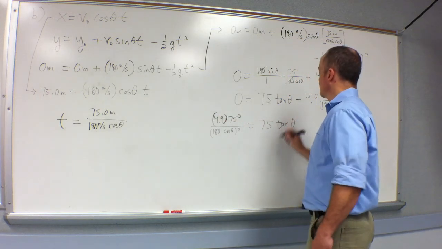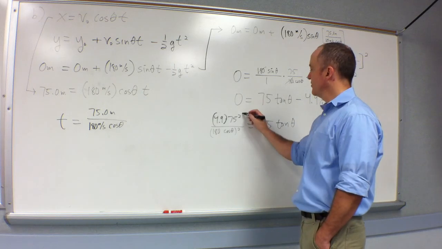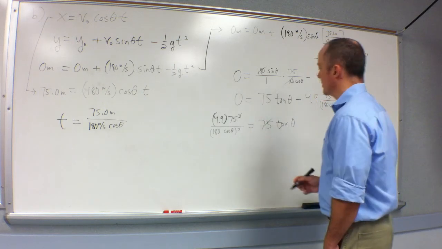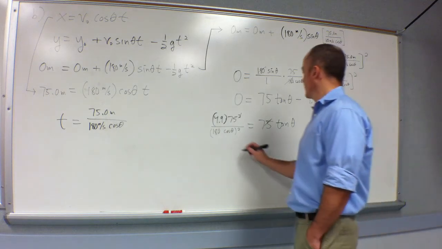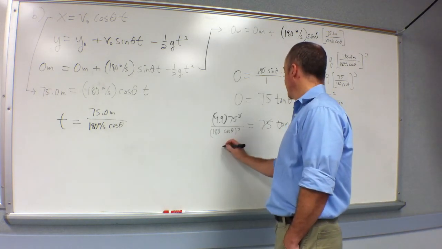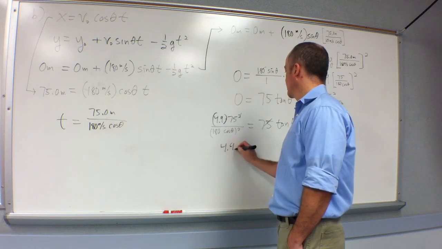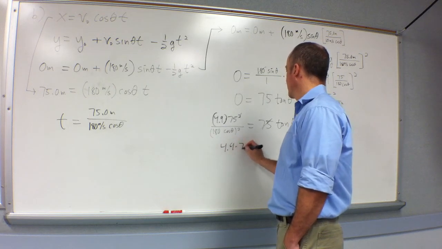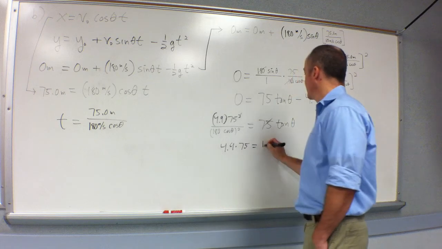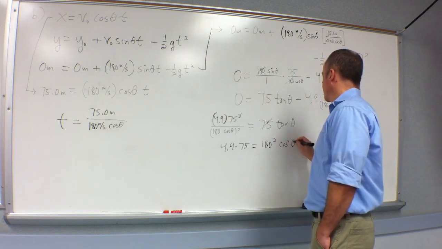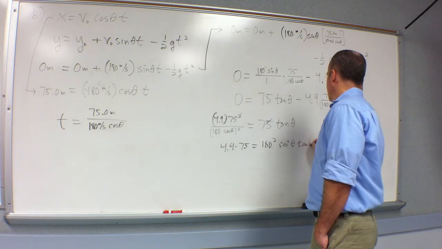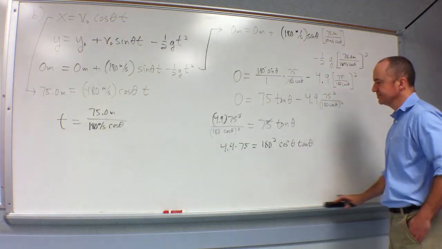I've got 75 squared here and 75 here, so I divide both sides by 75 to get rid of that. And I'm going to multiply both sides by 180 cosine squared, so that gives me 4.9 times 75 equals 180 squared cosine squared theta tangent theta.